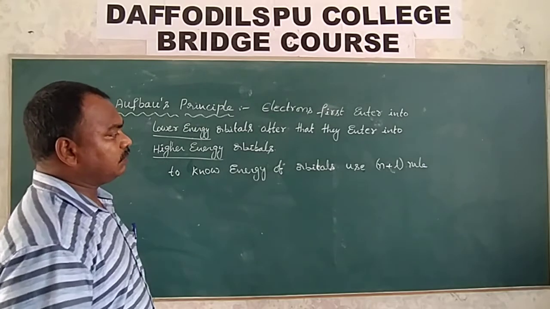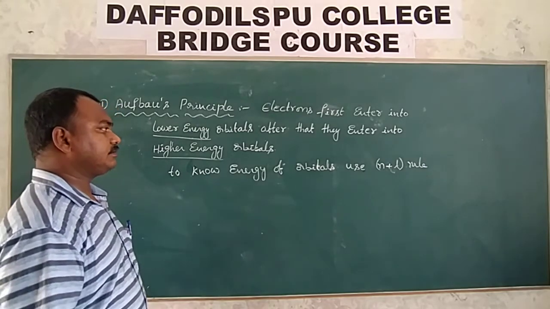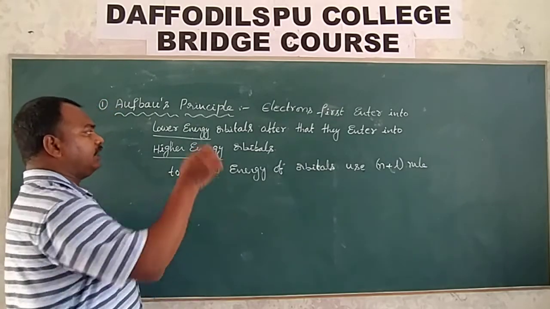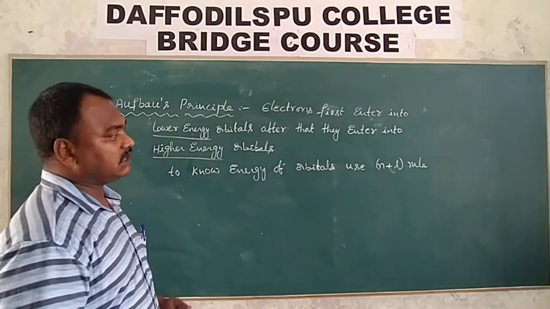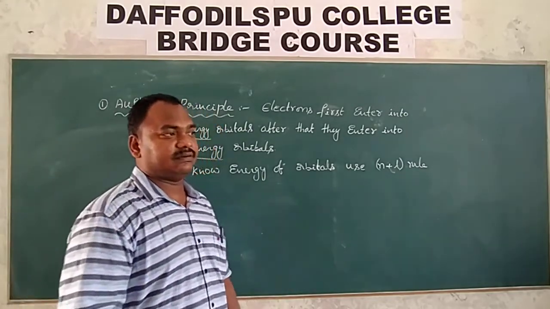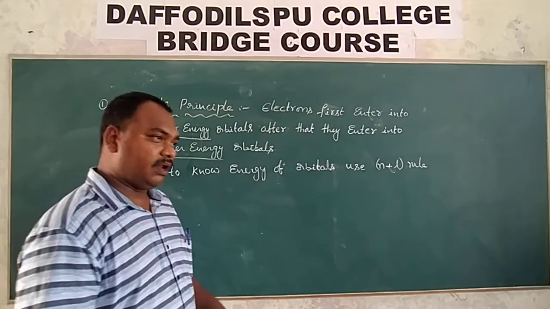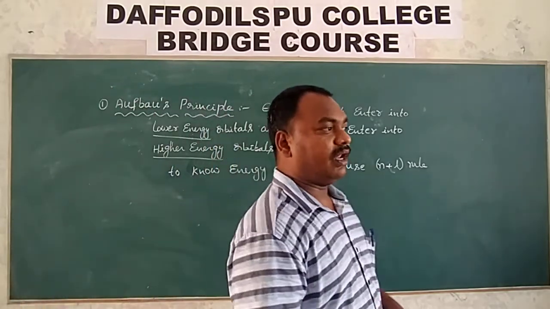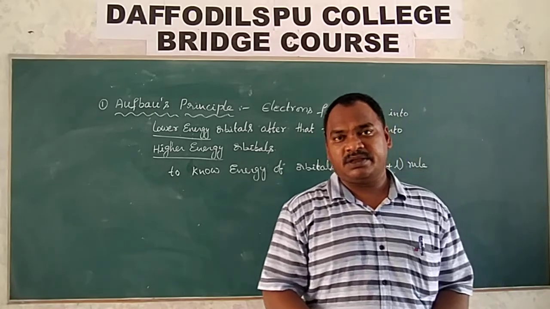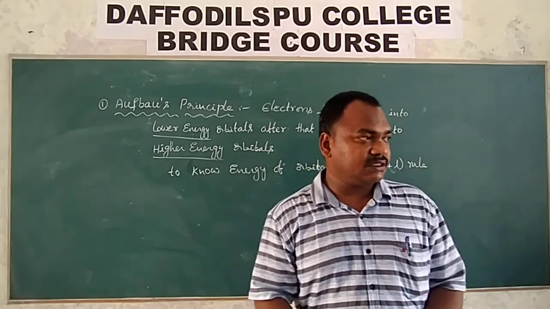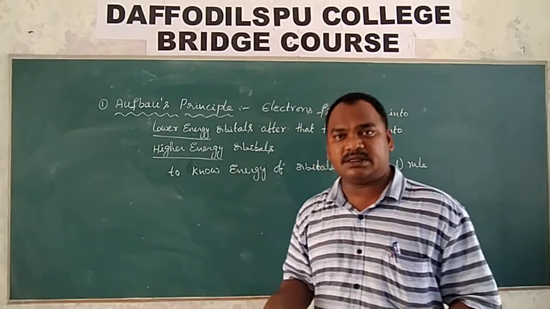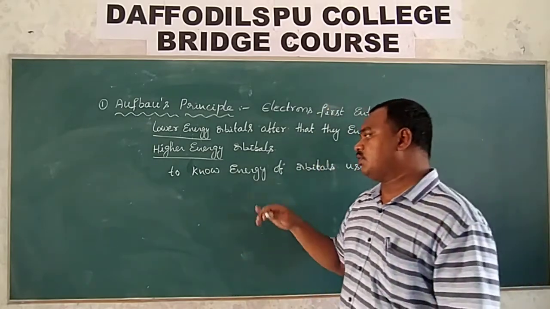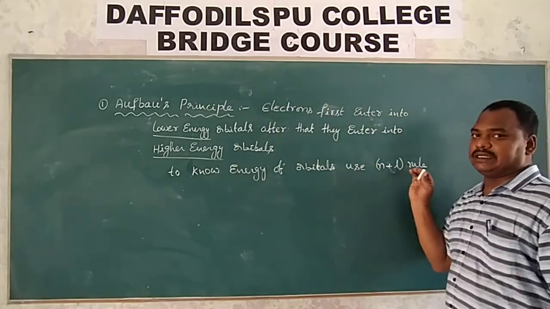Before going to the n plus l rule, to find out the energy levels of different orbitals, we will go through Aufbau's diagram, which will provide us the energy levels of different orbitals without going through this n plus l rule.